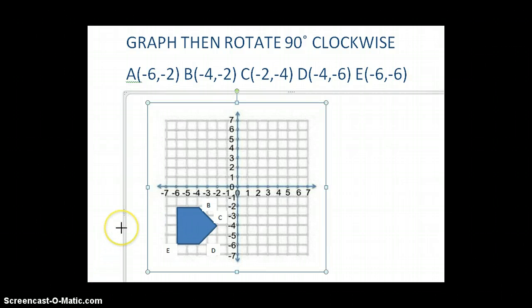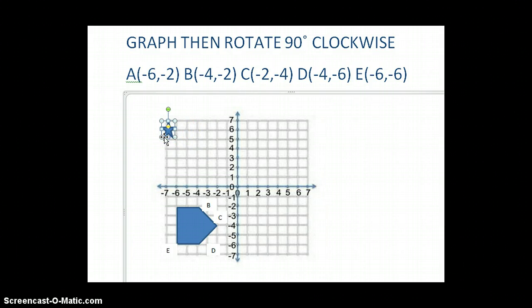So what you should have done from here is looked at which quadrant you wanted to graph it in. So 90 degrees clockwise would be this way. So you should have graphed your shape in this quadrant. If you did not, go ahead and pause your video and try it again.